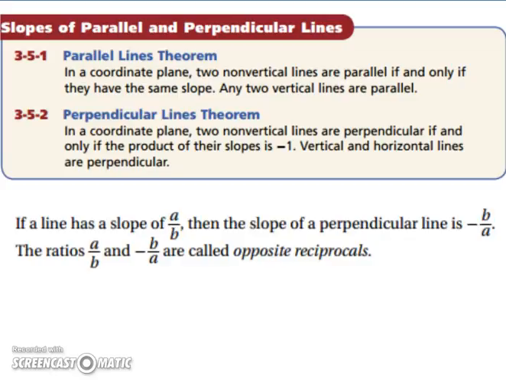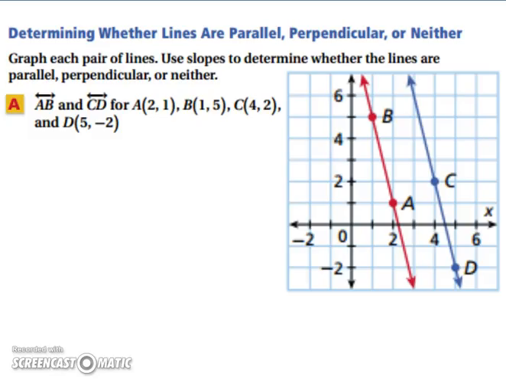Let's look at a few examples. We're going to determine whether lines are parallel, perpendicular, or neither. So we need to know what the slope of AB is and the slope of CD is. Alright, so we want to find our change in y.